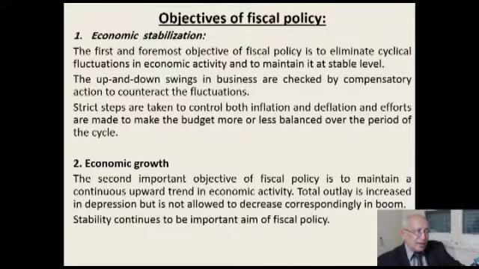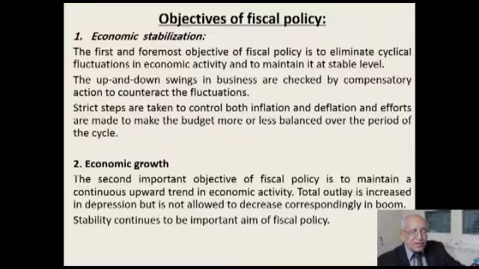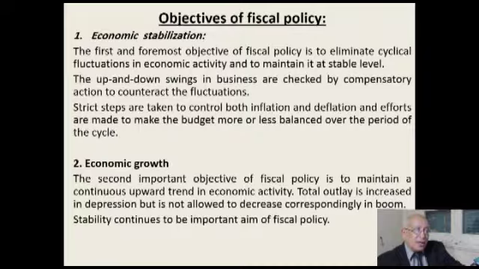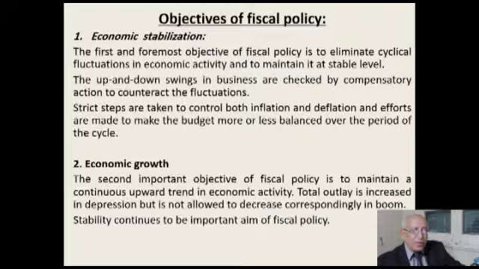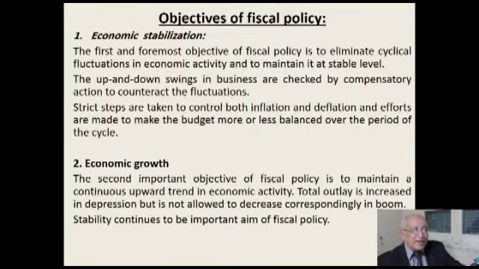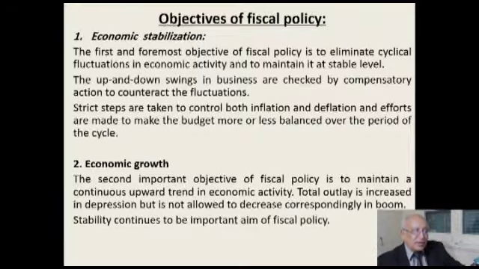This is the second objective, and one of the most important objectives of fiscal policy, which is maintaining continuous upward trend in economic activity. Total expenditures or outlay is increased in depression, but it is not allowed to decrease correspondingly in boom, since stability continues to be the important aim of fiscal policy.